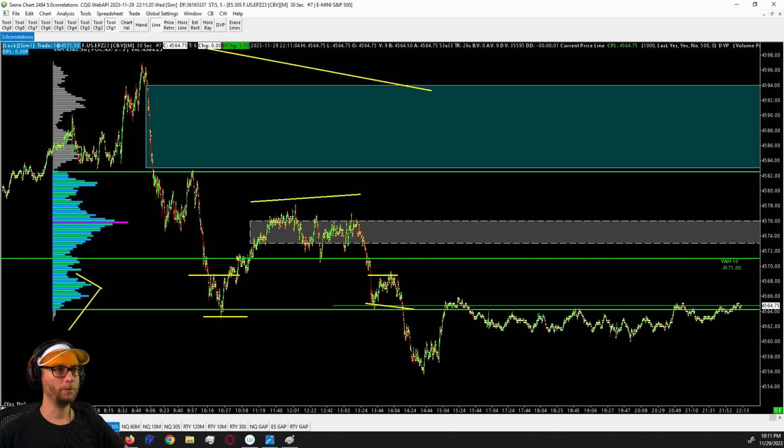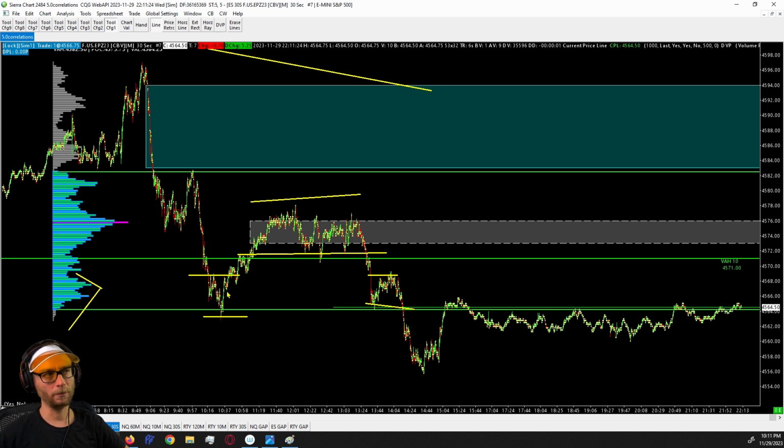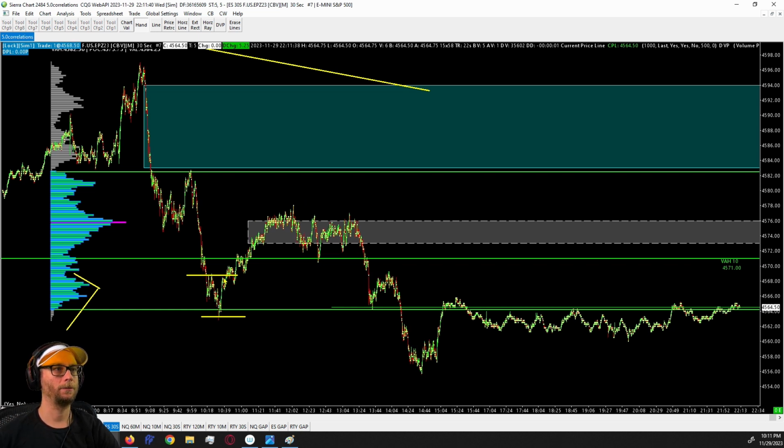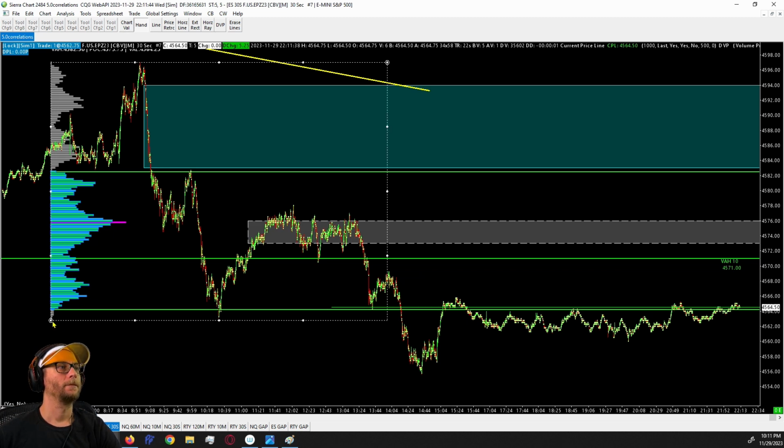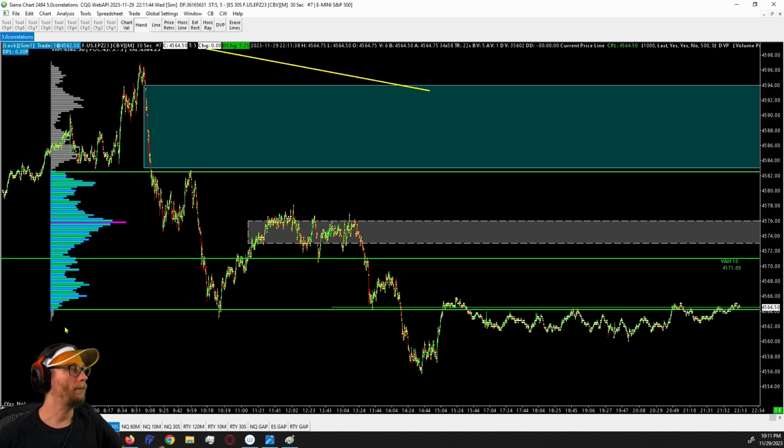I know this one up here blew out, and also looking at my correlations, there were other things going on that made me think, this looks like a short to me. Couldn't trade it though. So I kind of really messed myself up. But anyways, you know, it's going to happen.